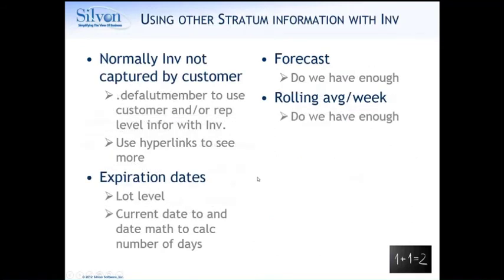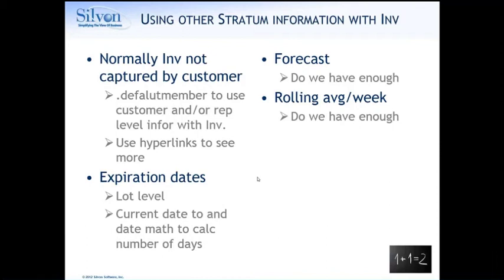Just a couple other things in terms of using other information with inventory. One thing, inventory in most situations, not all, but most, is typically not captured by customer. There's no concept of inventory being specific to customer, maybe until it reaches an allocated state.